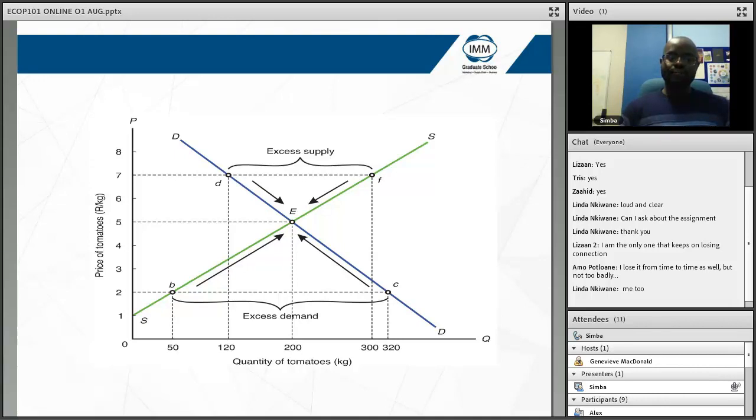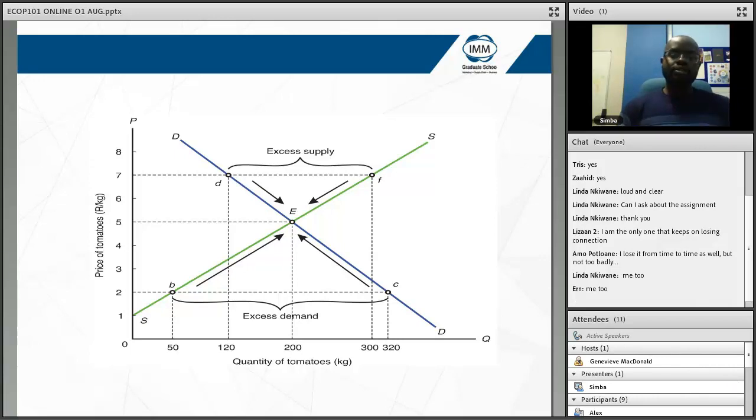Producers are not able to keep up. Whenever we have excess demand, like at the price of 2, you can calculate the excess demand, which is basically the difference between 320 and 50. What that then means is price is going to increase. Those market forces are going to put an upward pressure on price.